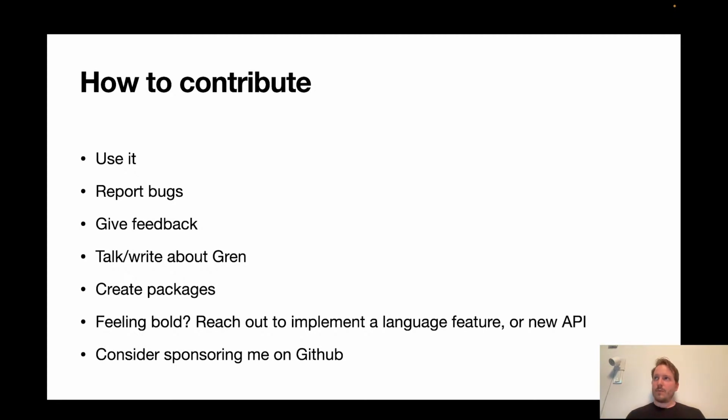One thing that I would love for people to make would be a command line argument parser to make it easier to create more complicated CLI apps. And if you're feeling particularly bold, then do what Justin did. Just say, hey, I would love to see an HTTP server API for an Elm-like language. Is it cool if I experiment? Normally that's completely cool. Just reach out to me on Zulip and we can talk about it.